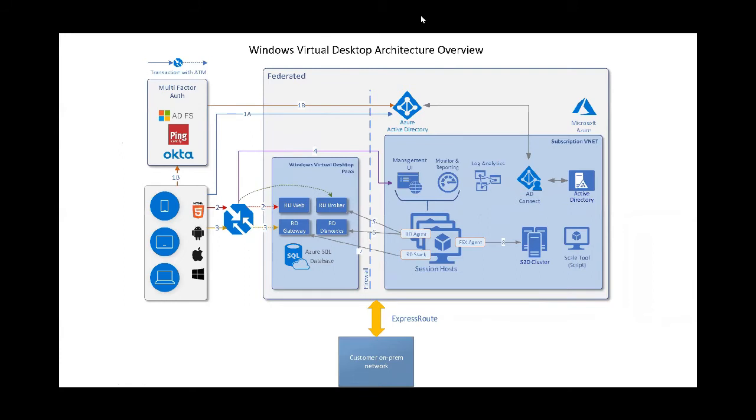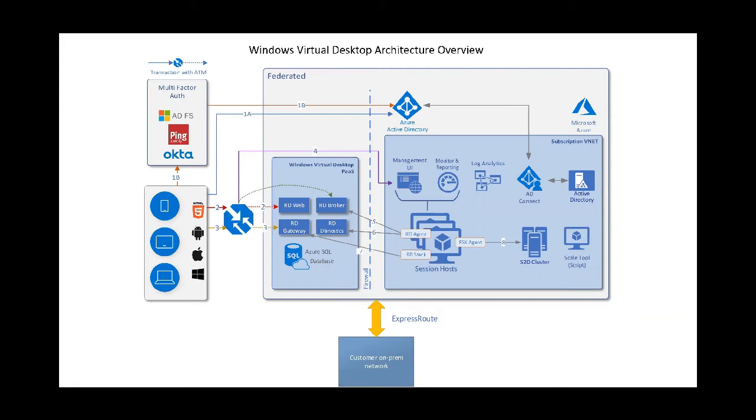So I know at first blush, this looks like a really complicated slide. Actually, let me assure you, this is more of the wiring in place for the previous slide. So the left-hand side still represents the clients that are connecting from offices or their own home networks, etc. The middle pane, the blue box where it says Windows Virtual Desktop PaaS, that is the representation of WVD service provided by Microsoft.